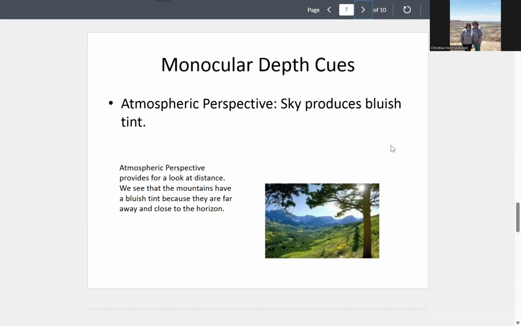The horizon at the ocean should have a slightly bluish tint, or any buildings that are really far away should end up having a slightly bluish tint if it's a sunnier day and the sky produces that blue haze, which then creates that bluish tint on the faraway objects.